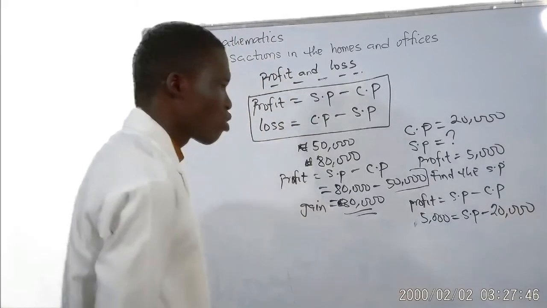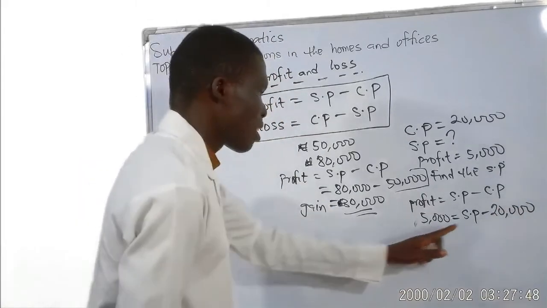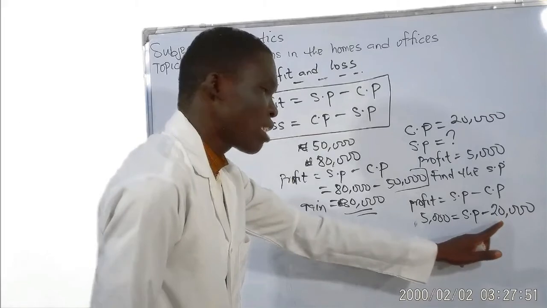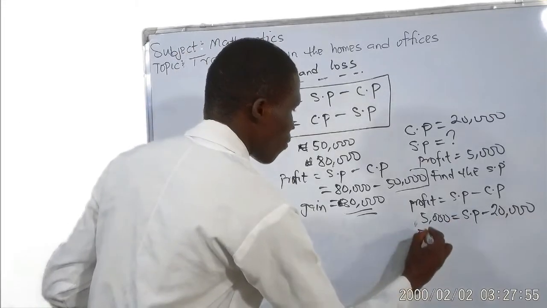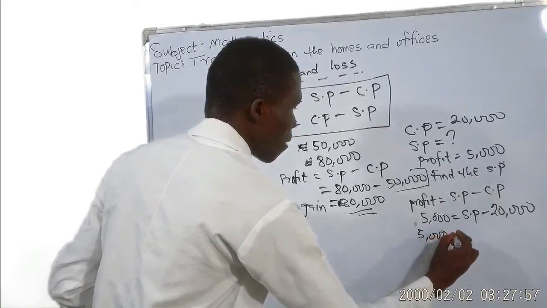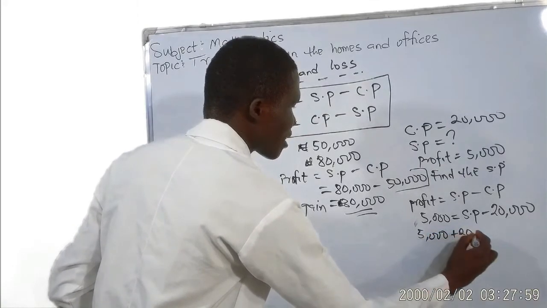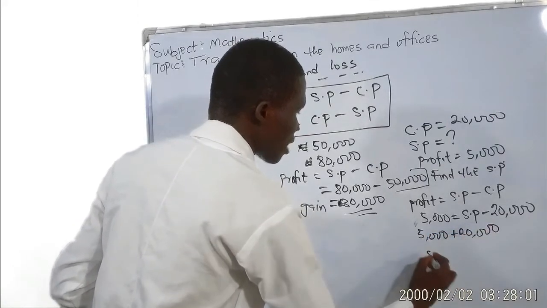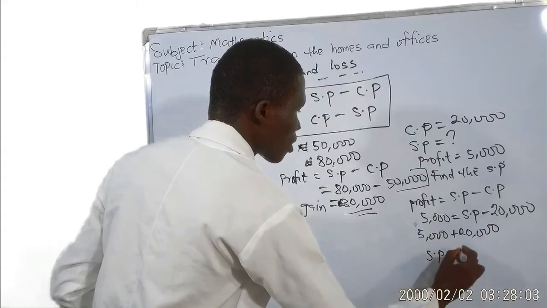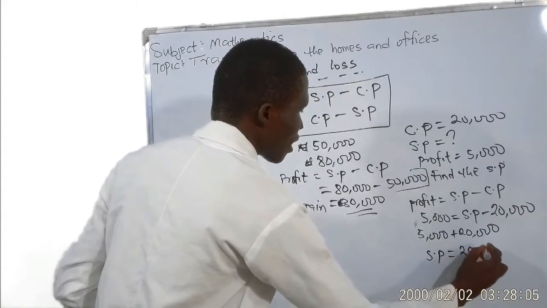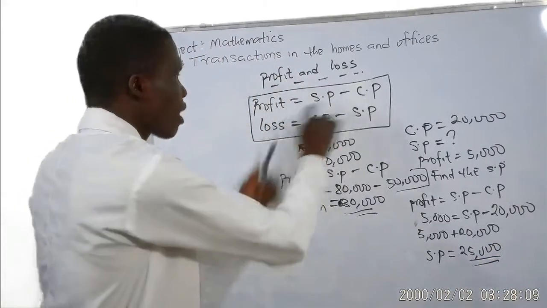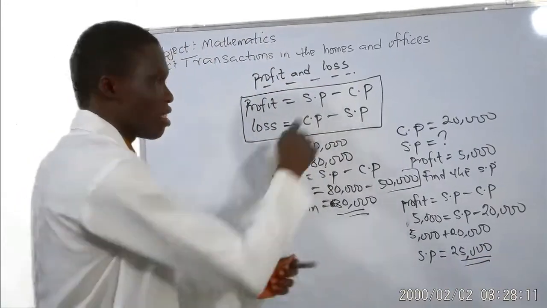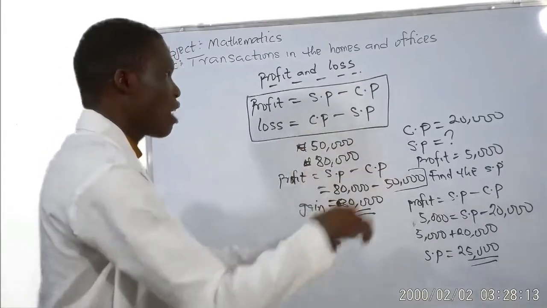So what are we going to do? You discover that minus is here. When this crosses to this side, it turns to plus. So this will give you 5,000 plus 20,000. So selling price will give us 25,000.